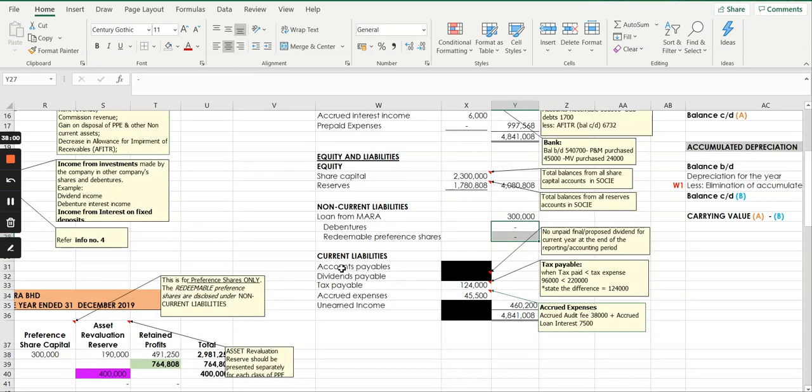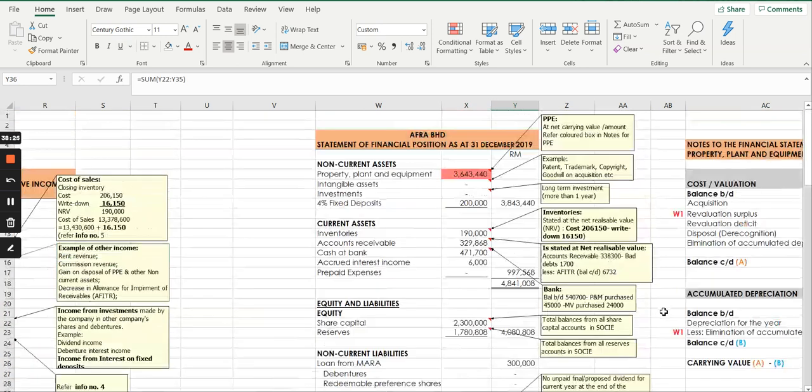Current liabilities, you just go and paste. We have done that earlier for our accounts payable. Dividend payable, no dividend is being declared at the end of the year, so no dividend payable from ordinary and preference shares. Tax payable, yes, we have done that. Accrued expenses, yes, there are no accrued income, right? If you have, include that. So the total tallies, so you can check all this, right?